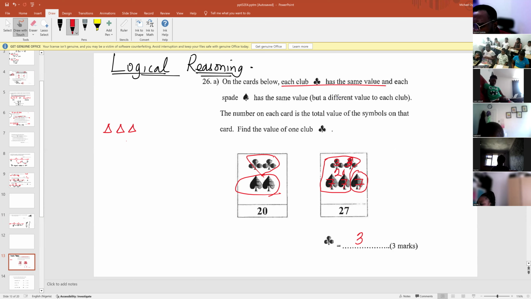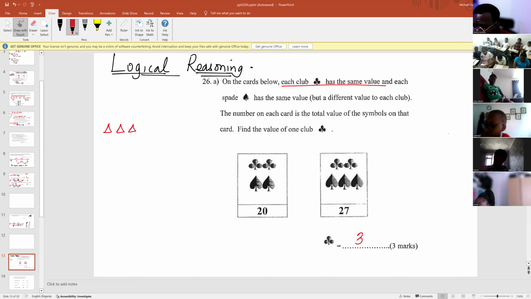I don't understand. I don't see how you got 3. How these 3 become 7, right?